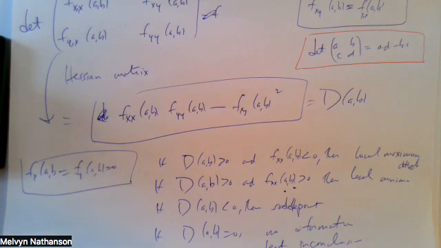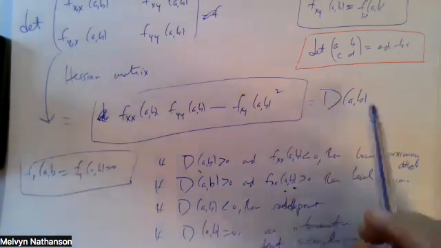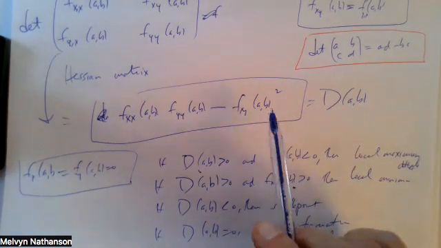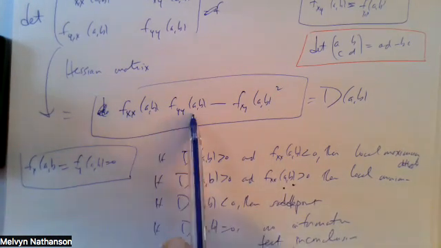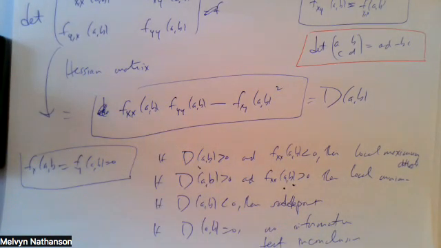It's also inconclusive, of course, if this number D is positive... well, if this is positive and this is not negative, this has to be positive. So they're either both positive or both negative. They can't be zero. None of them can be zero.